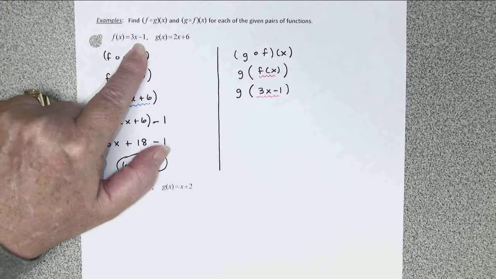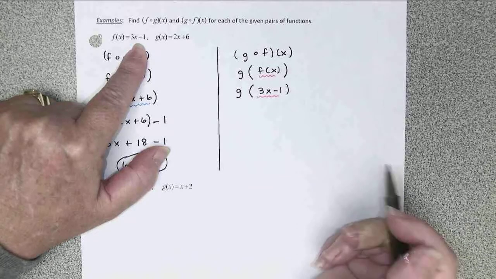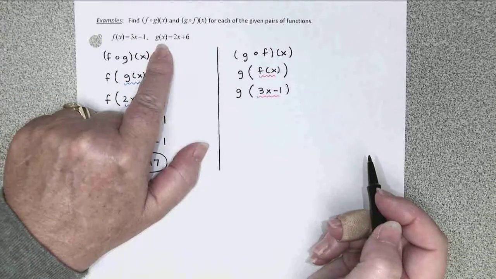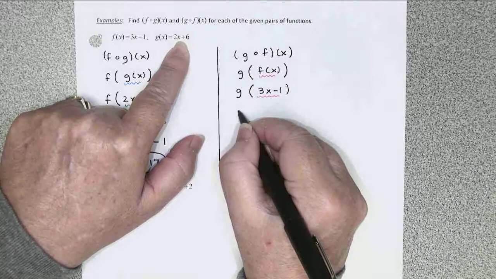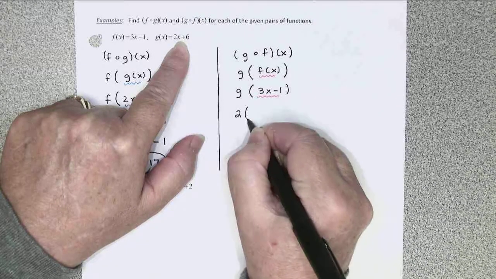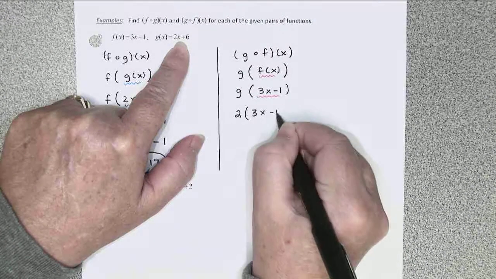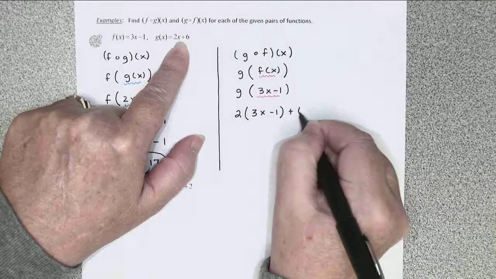And now I want to take g of 3x minus 1. So I'll go over to my g function and I'll replace that x with 3x minus 1. So 2 times 3x minus 1 plus 6.